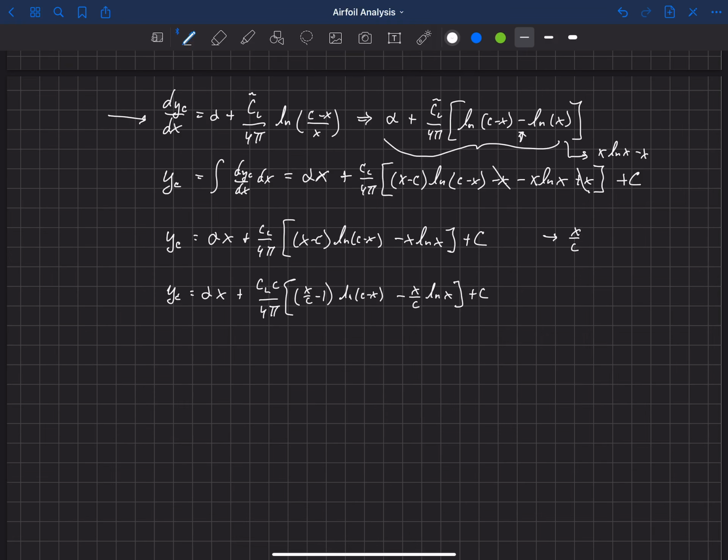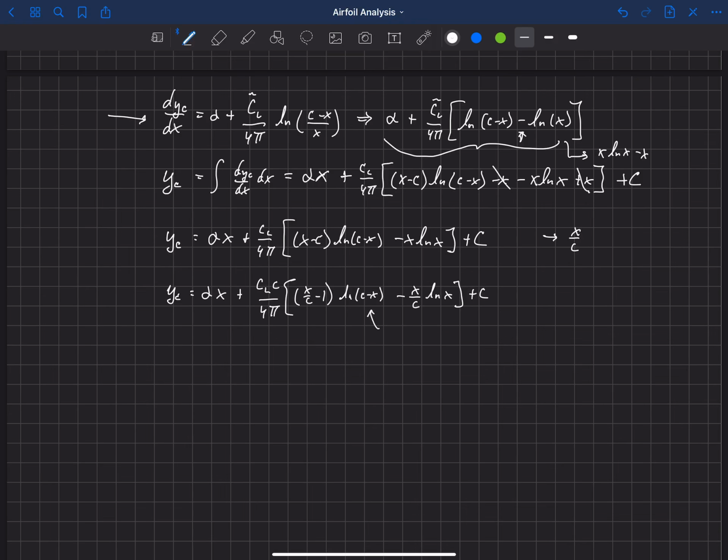And now, in order to get the x over c inside of the natural log, I actually have to use the rules of natural logs here. I'm going to have to subtract a natural log of c inside of this term here.